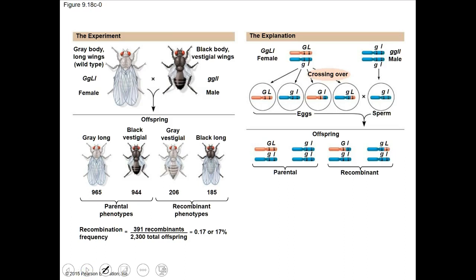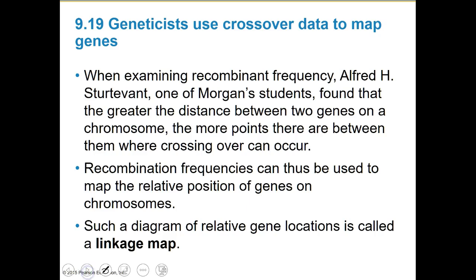So they did an experiment with the body color and these vestigial wings just to see what would happen. There's a lot happening here, which I'm not going to get into all the details. But the whole point is that Sturtevant found that the greater the distance between two genes on a chromosome, the more points there are between them where crossing over can occur.